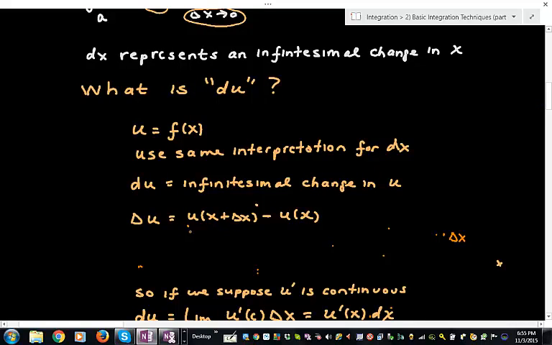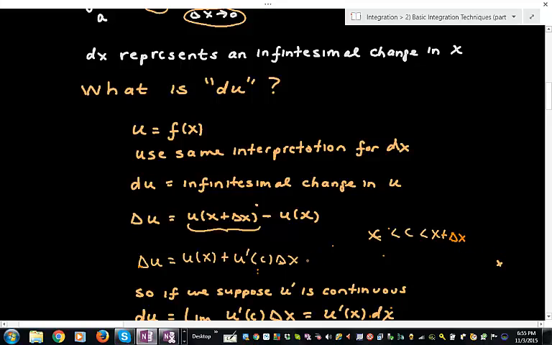And I'm going to write the first term using Taylor's theorem. So Taylor's theorem tells me that this first term can be written as u of x plus u prime of c times delta x, where c is just some number between x and x plus delta x.